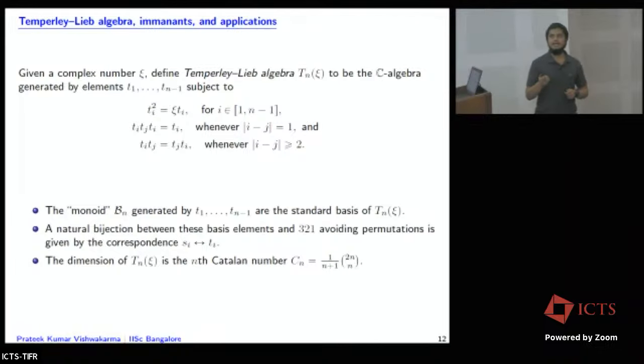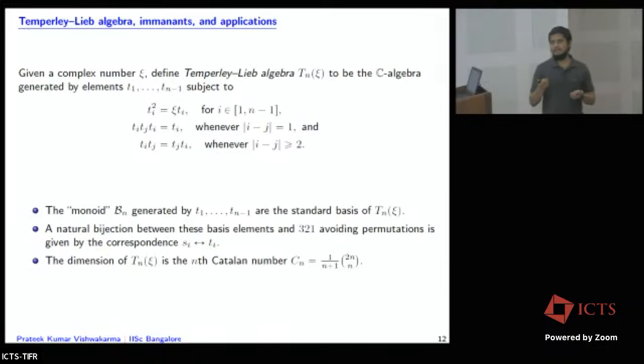Now the standard basis of this algebra T_n(ψ) is just the products of these T_1, T_2, ..., T_{n-1} subject to these relations. One way to look at the basis elements of T_n(ψ) is to look at the 321-avoiding permutations in S_n and identify each of the s_i's with T_i's.